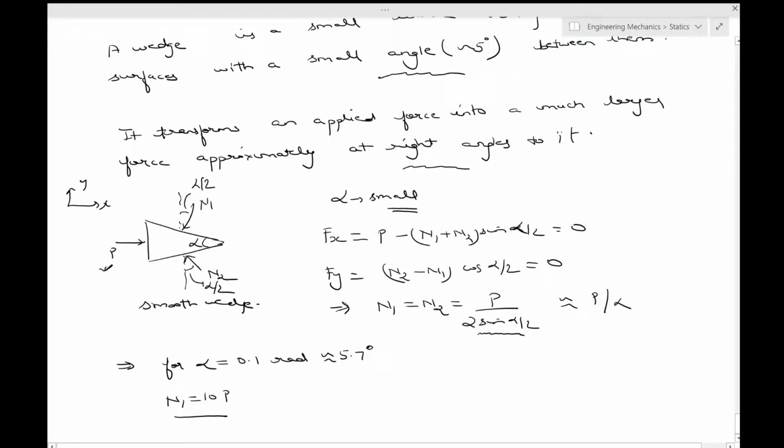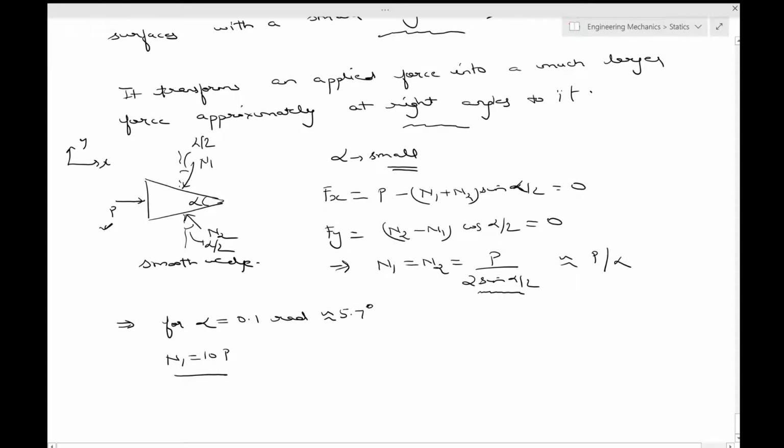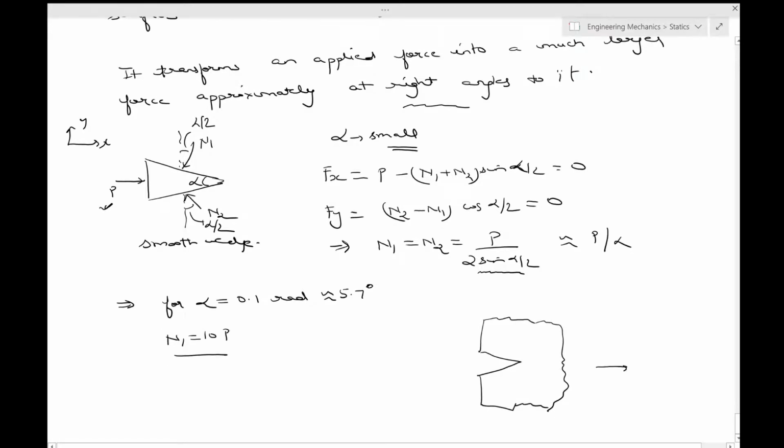And that's the idea of, say, if you have a wooden log over here. This is a wooden log, and this is an axe handle, and this is an axe blade.